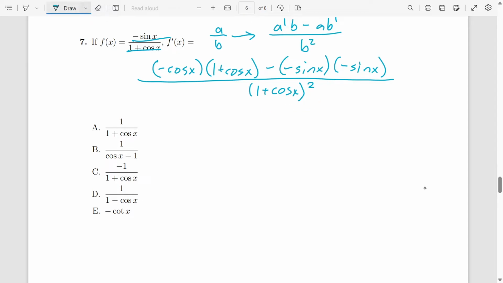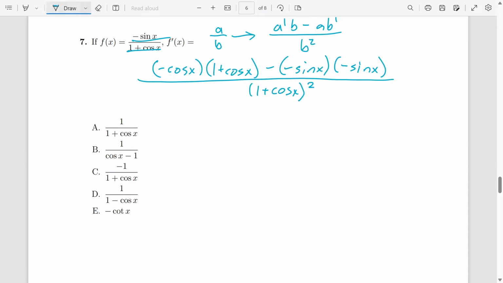I'm not going to expand the bottom, not just yet. Maybe because I just see this 1 plus cosine x on the top, and I think there might be a case where on the top we'll have a 1 plus cosine x, and we can cancel that out or something. So just in case, I'll keep it at that. If we need to expand it later, we'll do so. All right, so let's simplify it, multiply and FOIL and whatnot.